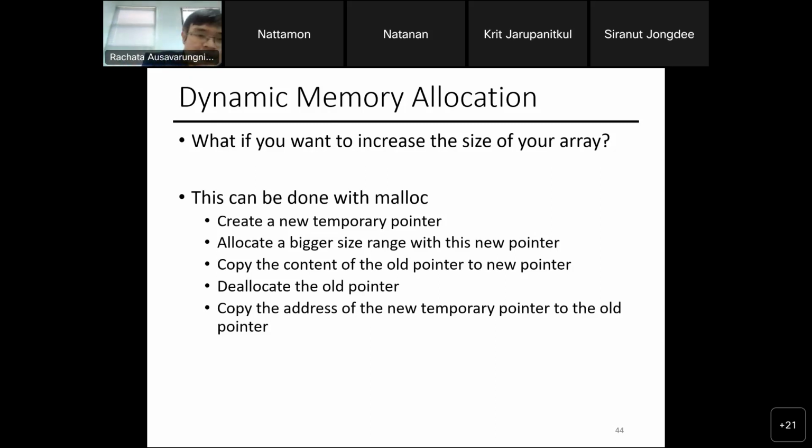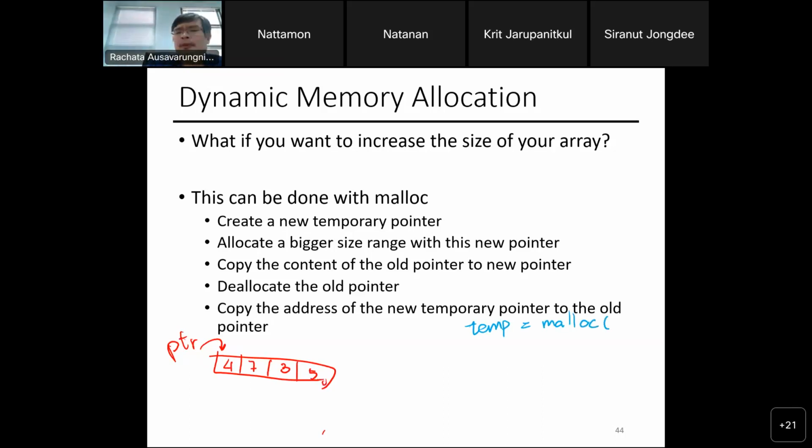Let's say this is your pointer, let's call it ptr, pointing to this location. Right now it has 4 numbers: 4, 7, 3, 5. It's full and you want to add more, so you want to create a bigger array. The first step is I create a temp pointer and then I malloc it.